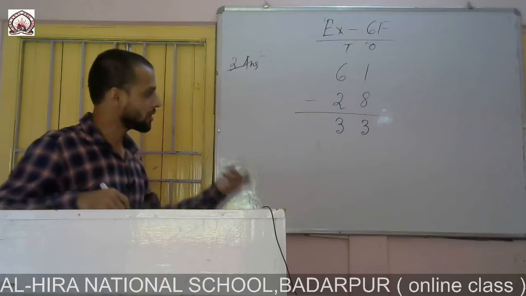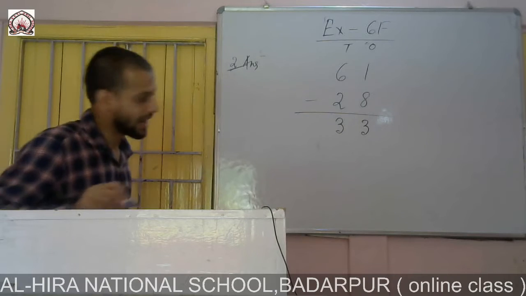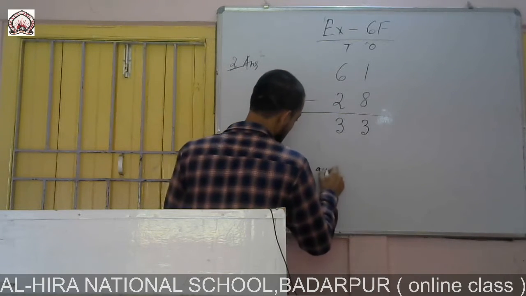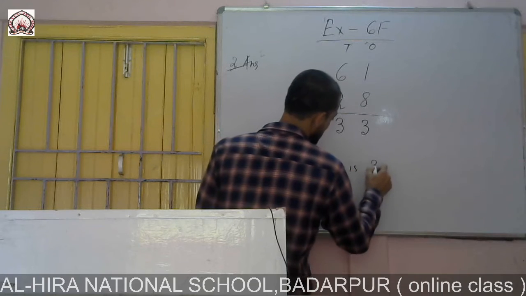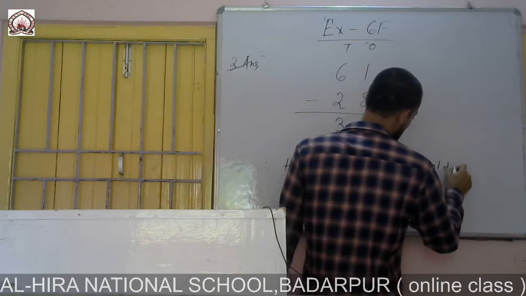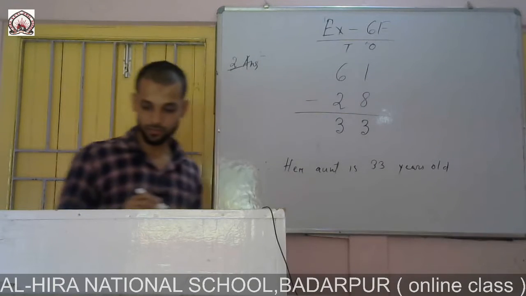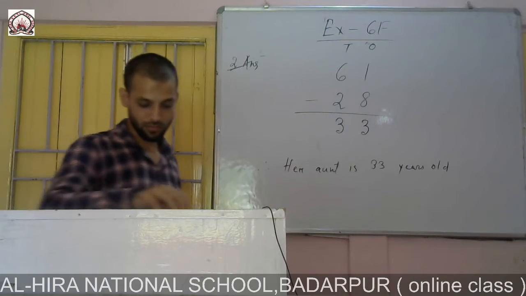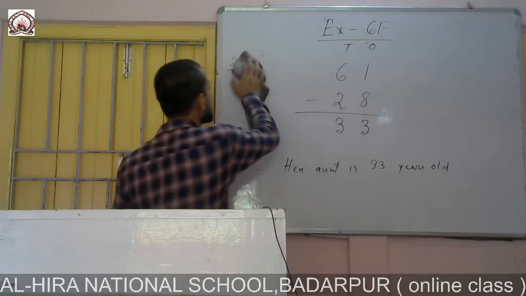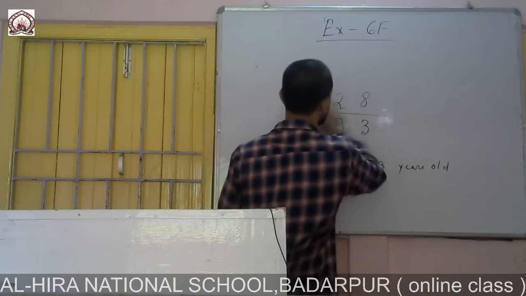So we got 33. So her aunt is 33 years old. Now moving towards the next question.